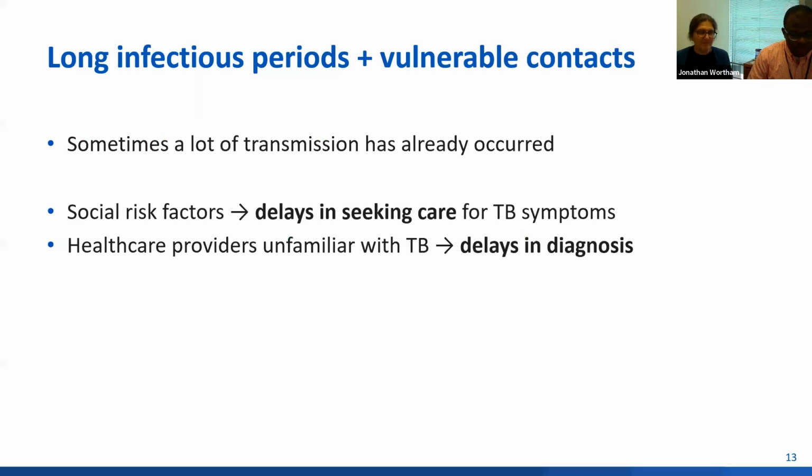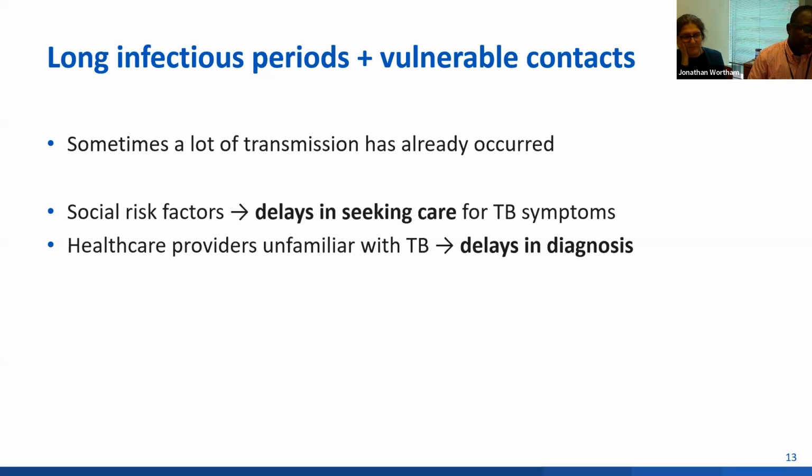So in our experience, there are really two common elements to the outbreaks we've been consulted on and the ones that people talk to us about. Those are long infectious periods, meaning people who weren't diagnosed with TB, which happens for a couple of different reasons, as well as people we term vulnerable contacts, which really means various different people would fall into that group.